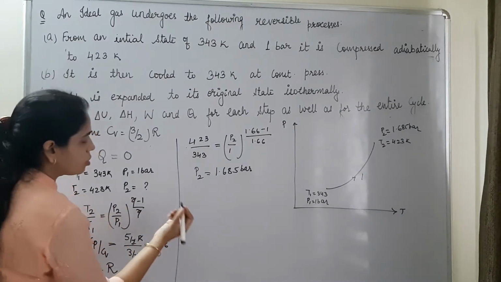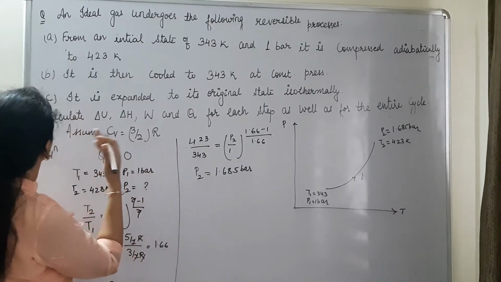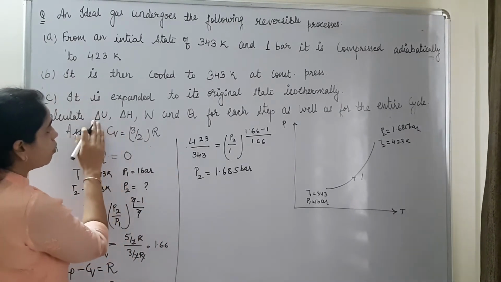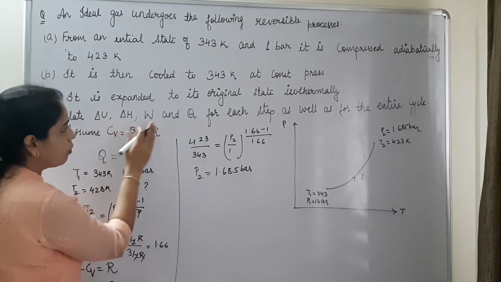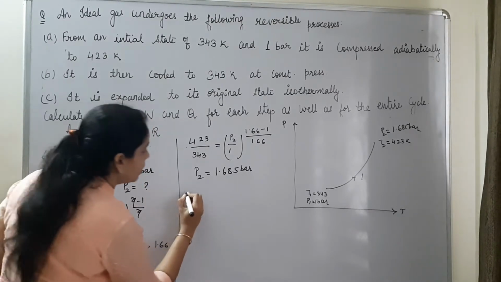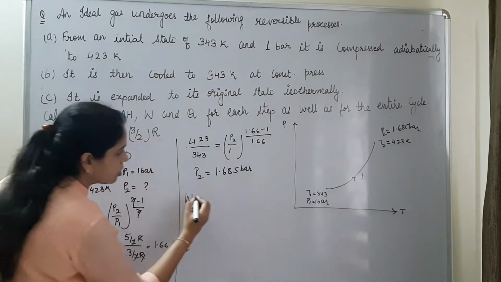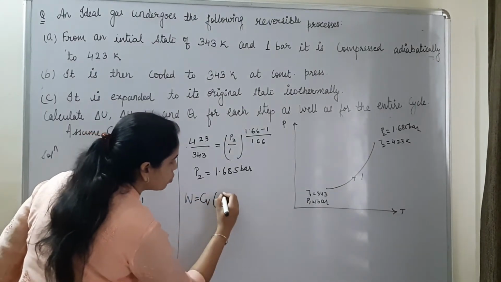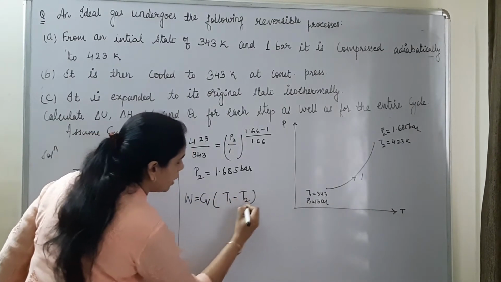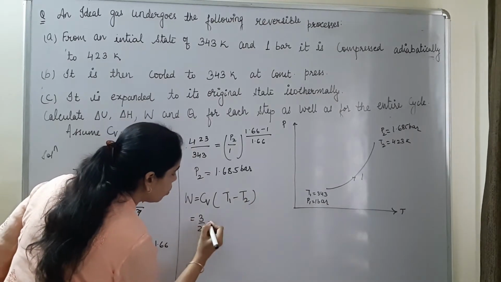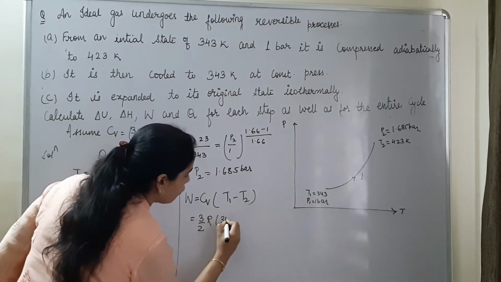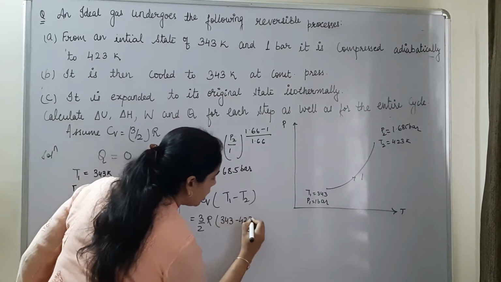Now it is then cooled. Before going to the second step, we need to find out delta U, delta H, and W for the first step. So W for the adiabatic process, you know that W is equal to Cv times (T1 minus T2). Cv is 3 by 2 R, T1 is 343 minus 423.